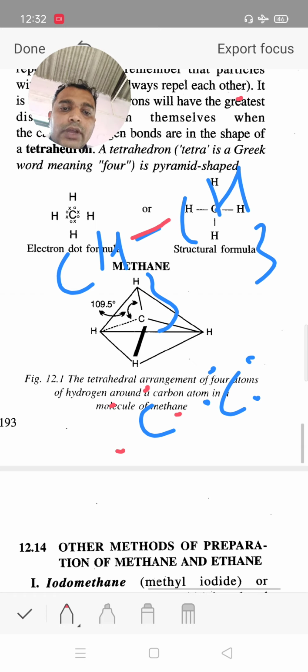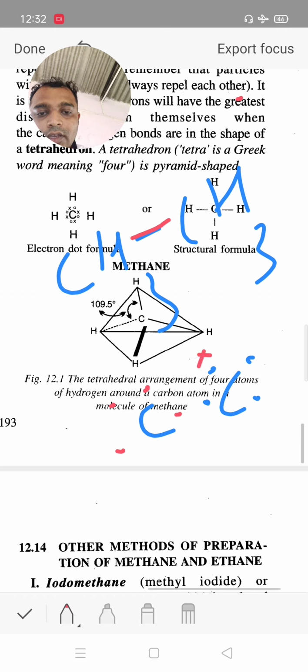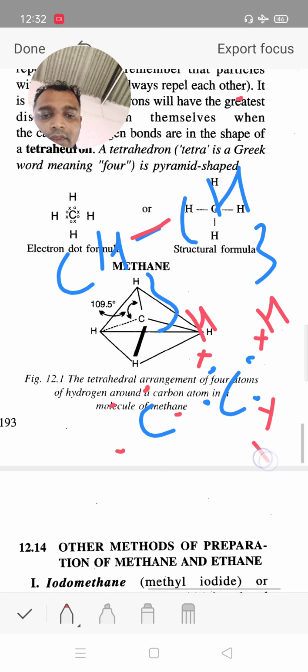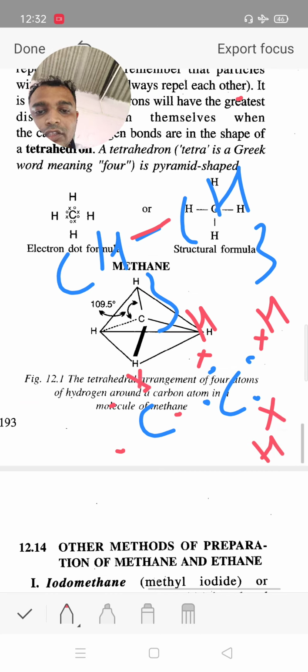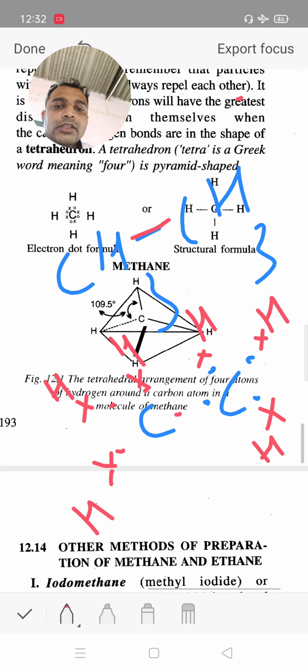It is an example of an alkane. Each carbon has 3 hydrogen, in the form of crosses, and a sigma bond is formed. This is CH3 and CH3, the structure of ethane.